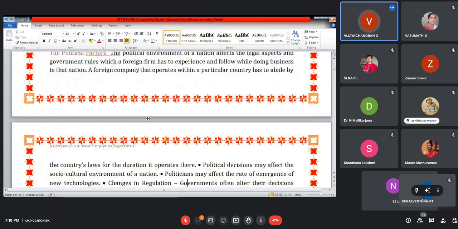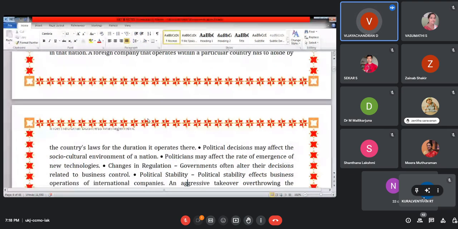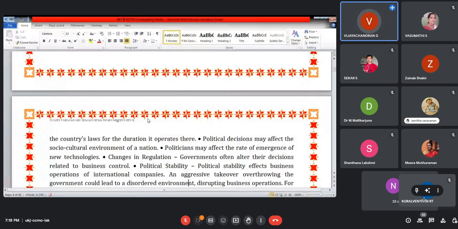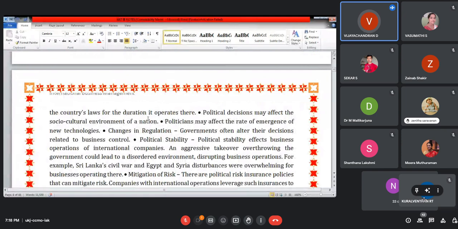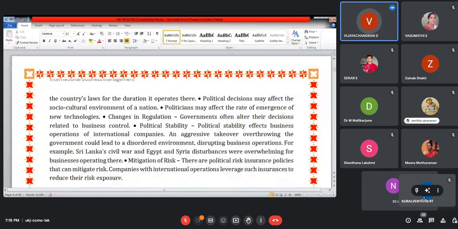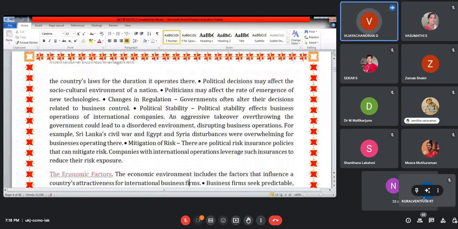So there will be some political barrier or political instability. If there is any political instability, what happens? It will affect the growth of the company, like the Sri Lanka civil war and some disturbance. That will affect the business.